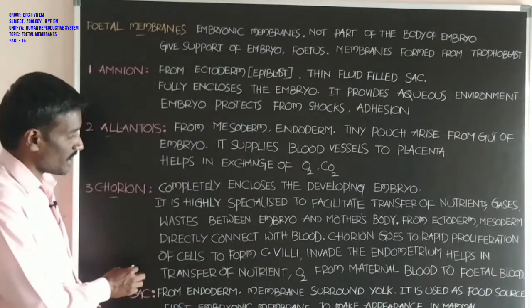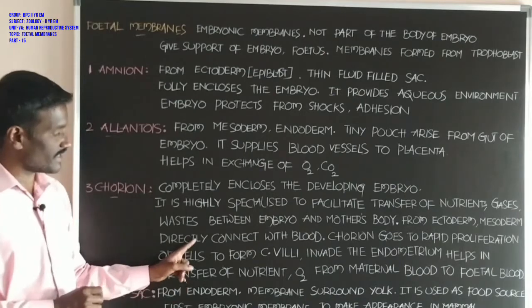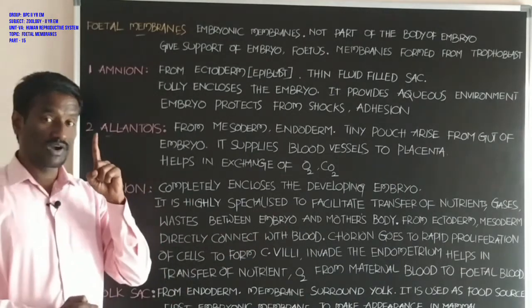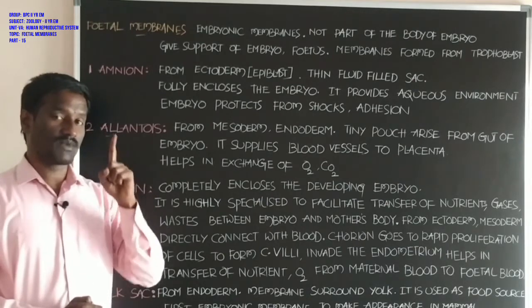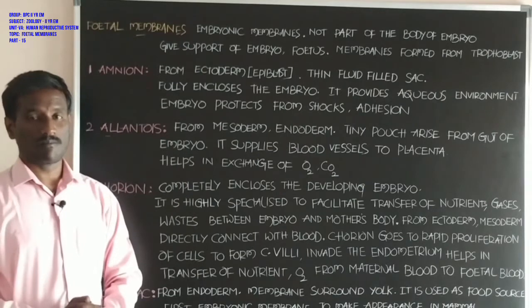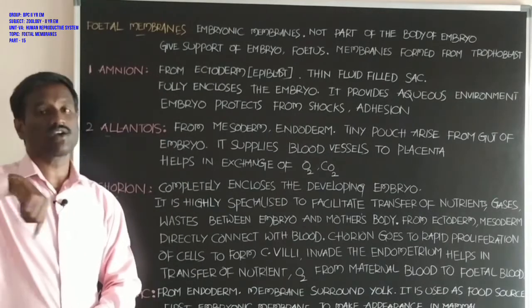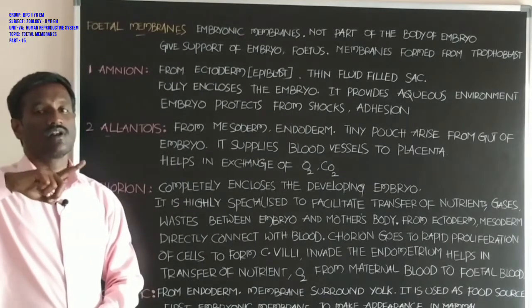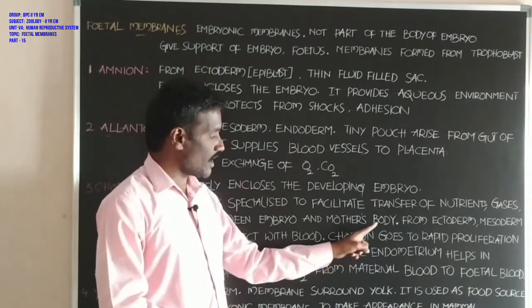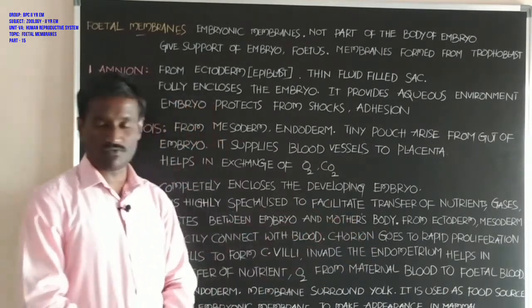Next, students, the chorion is the only extra embryonic membrane, the only fetal membrane, that directly connects with the blood and fully encloses the total developing embryo.